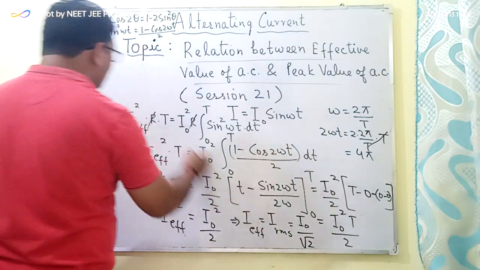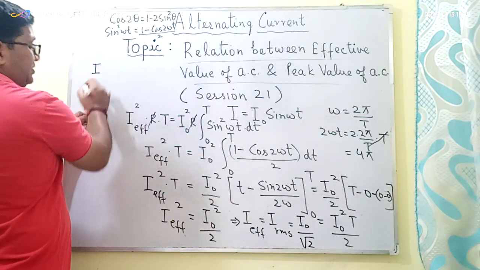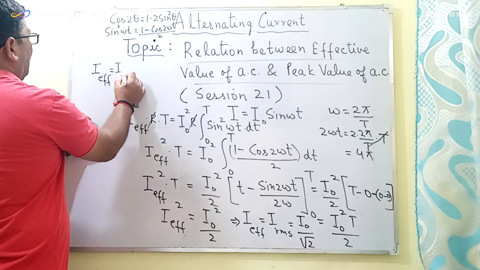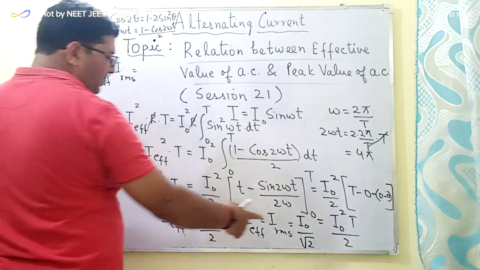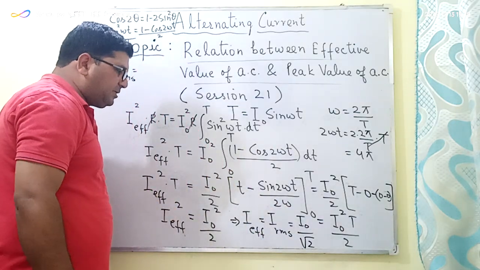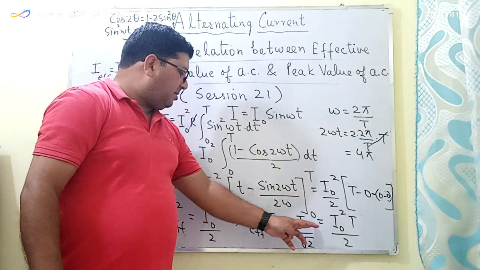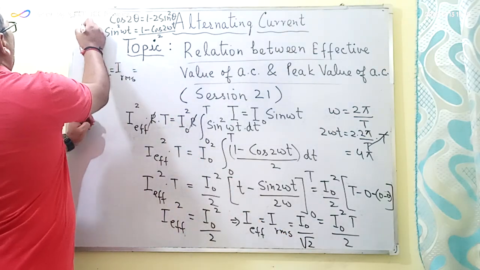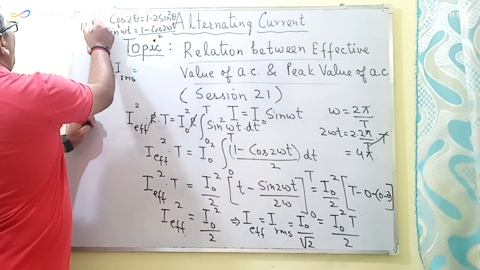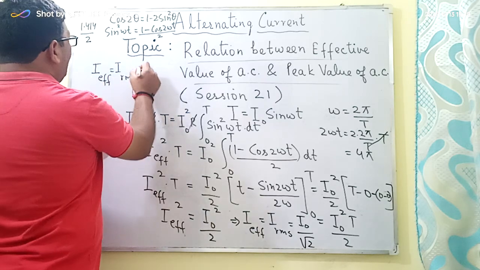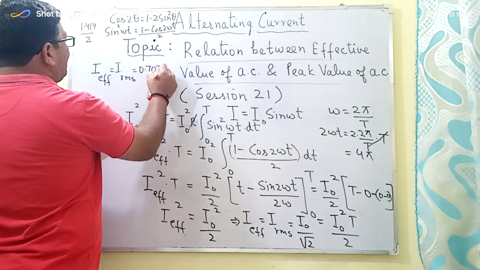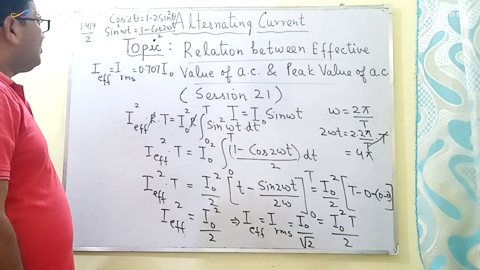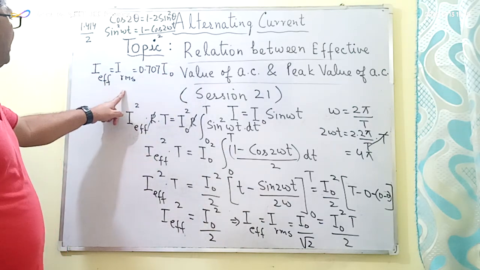And this can further be written as I effective, equal to I RMS, equal to, if I multiply the numerator and the denominator by root 2, I will be getting root 2 I naught divided by 2, and that will be equal to 1.414 divided by 2, which is equal to 0.707 I naught.